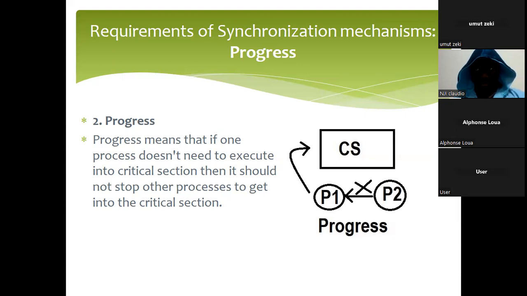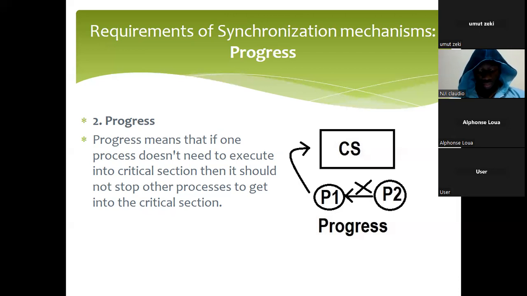So some mechanism should say to you, okay, just leave the bus, wait for the money to come, and then you will enter another bus. Or maybe the bus driver says, okay, I will come back later, something like that. Okay, so this is called progress.